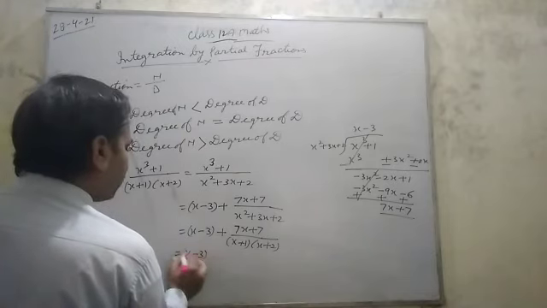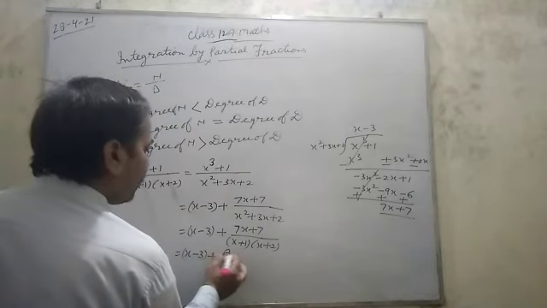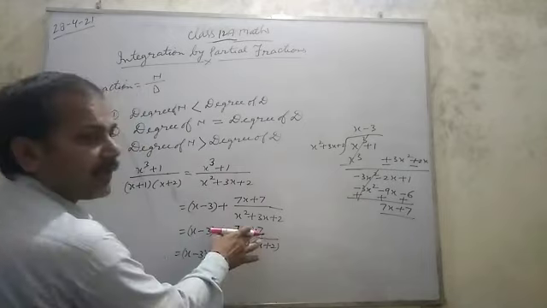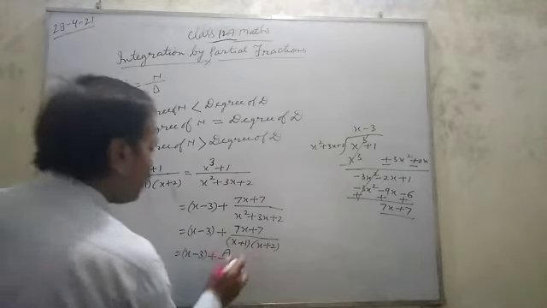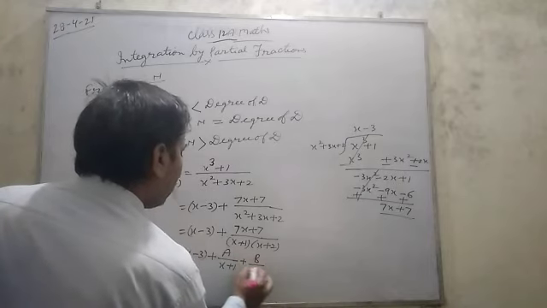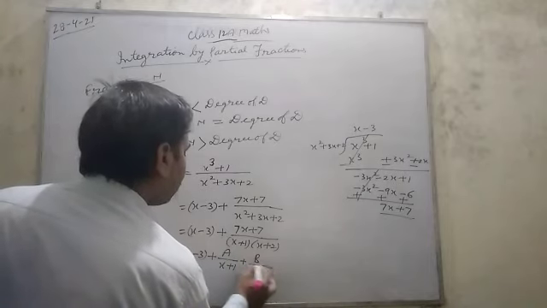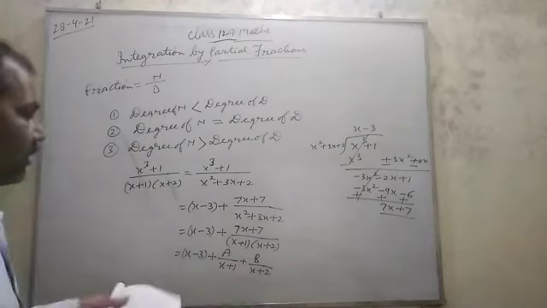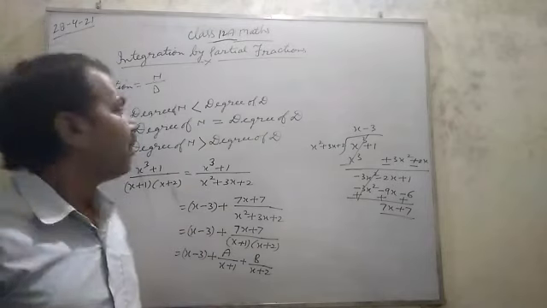So x minus 3 plus again a upon, now the degree of the numerator is less than the degree of the denominator. So a upon x plus 1 plus b upon x plus 2. And after that take the LCM and simplify.